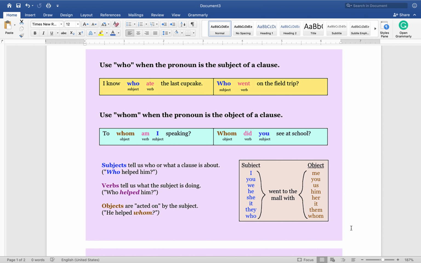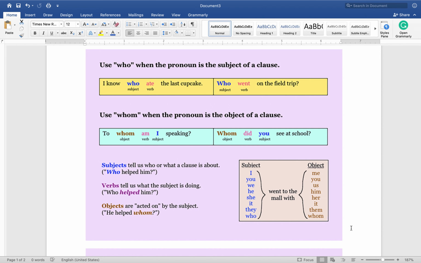Who is the person who is going on the field trip, so they are the subject of the sentence, and we could again sub in a different subject, so she went on the field trip, which is a subject pronoun. You can see how those make sense. Sometimes the easiest trick is to sub in a different pronoun, whether it be the subject or object pronoun, to see what makes the most sense.